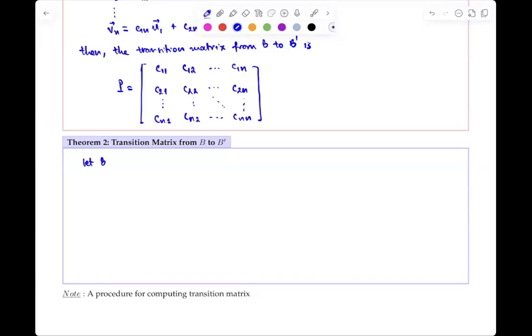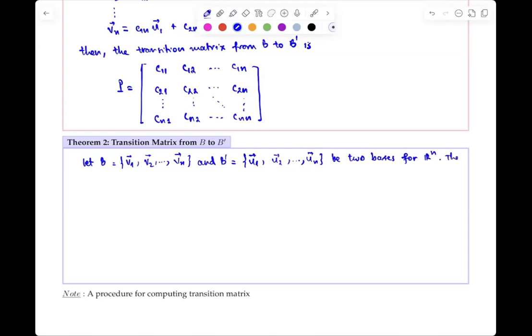So let B equal V1, V2, up to Vn, and B prime equal U1, U2, up to Un, two bases for Rn.